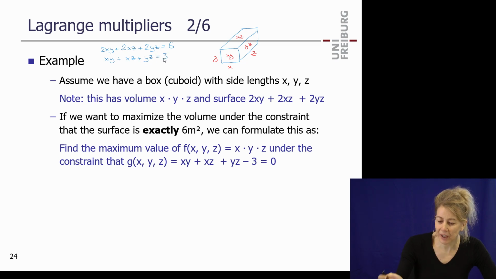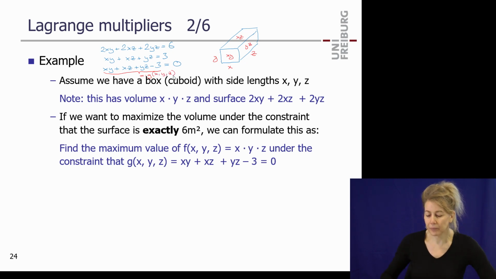And I can make it into something equal to 0 by just bringing the 3 over here, because for Lagrange you need a function which is 0 at the constraint. And that's just how I define my g(x,y,z). And I can of course always do that.